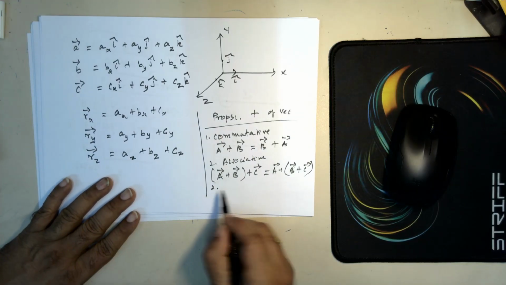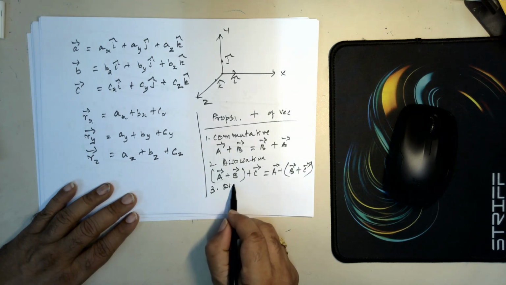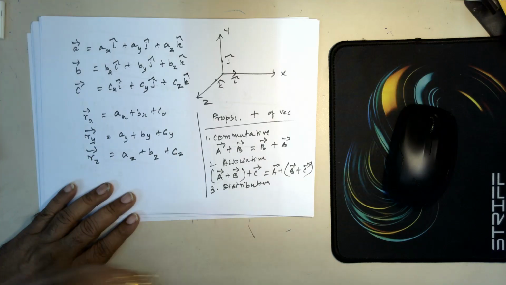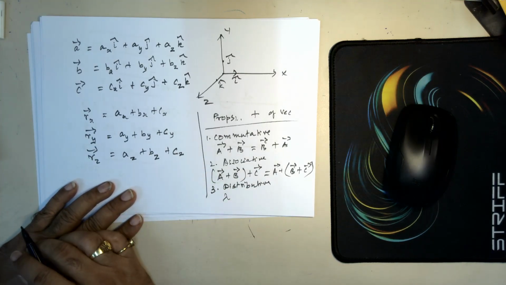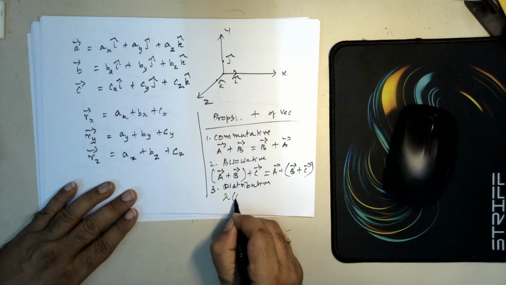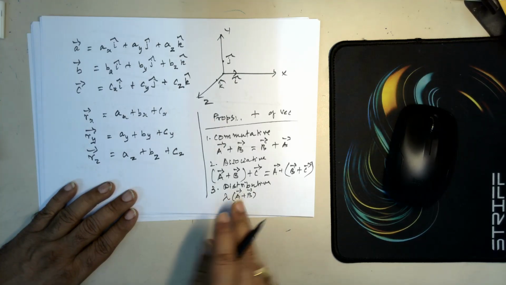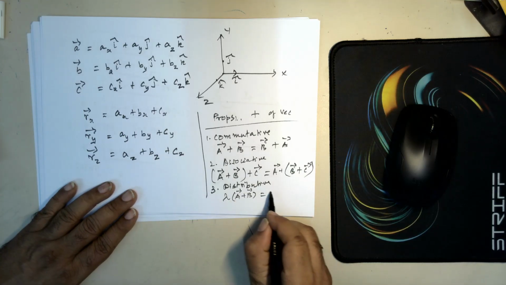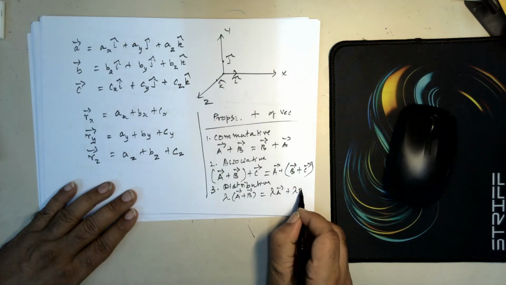And addition also obeys the distributive law. Distributive law means, for example, let me have some scalar quantity or magnitude. A scalar quantity times A plus B means this scalar quantity can be combined with each individually, distributed, like lambda A vector plus lambda B vector.